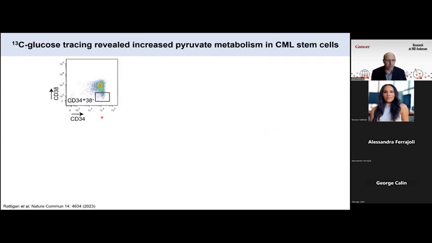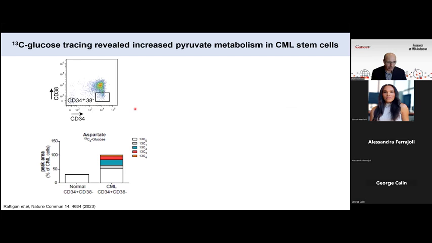What we particularly focus on is the stem cell component, the more primitive CD34 positive, CD38 negative cells, as you can see here. And this is glucose tracing here. What you see is a massive increase in the oxidation of glucose in the CD34 positive, CD38 negative of CML compared to the normal stem cells.